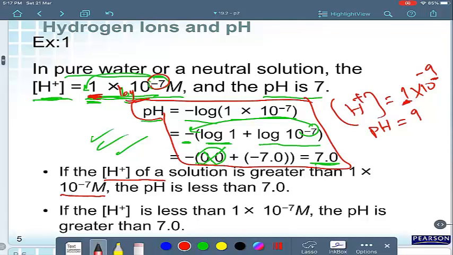If the hydrogen ion is greater than this value, then pH will be less than 7, as I said, which means acidic. If H is less than this, pH is greater than 7, which means basic.